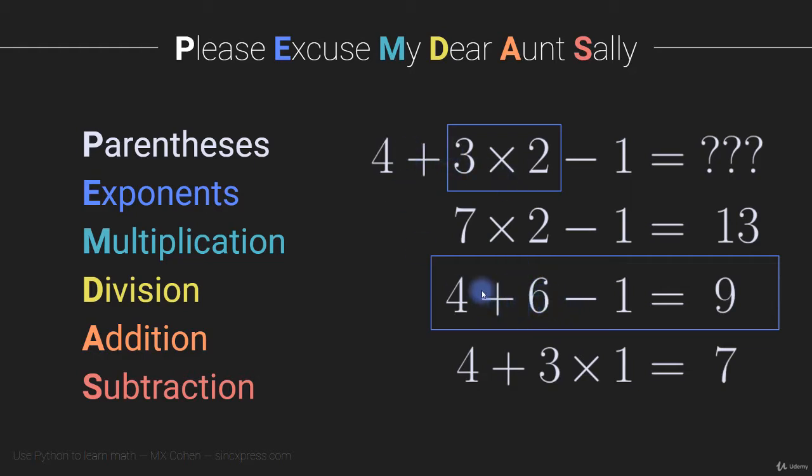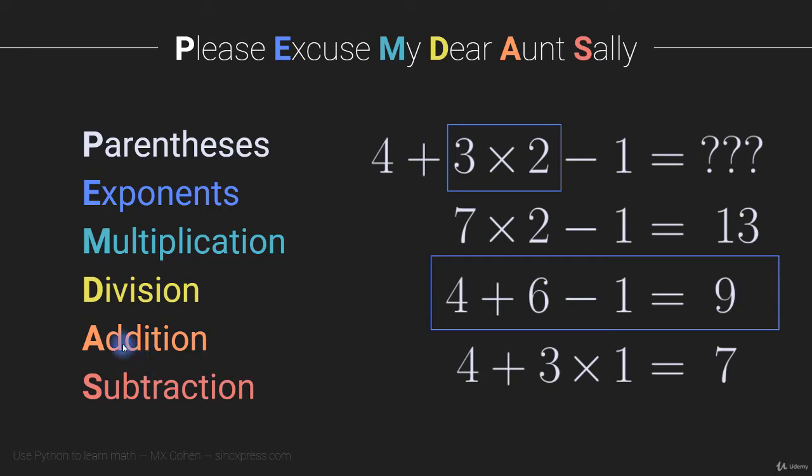And the question is now, how do we know that it's supposed to be 4 plus 6 grouped together and then minus 1, and not 4 plus and then group together 6 minus 1? As I mentioned, in this particular example, both interpretations happen to work out the same way. The way the PEMDAS order of operations works is that parentheses and exponents come first, while multiplication and division are treated the same, and addition and subtraction are treated the same.